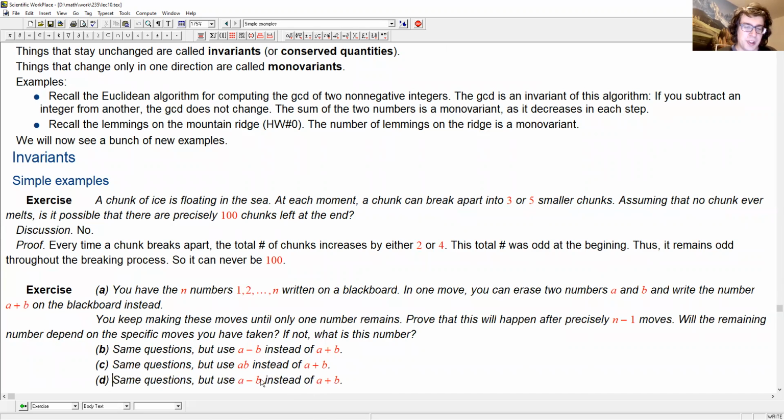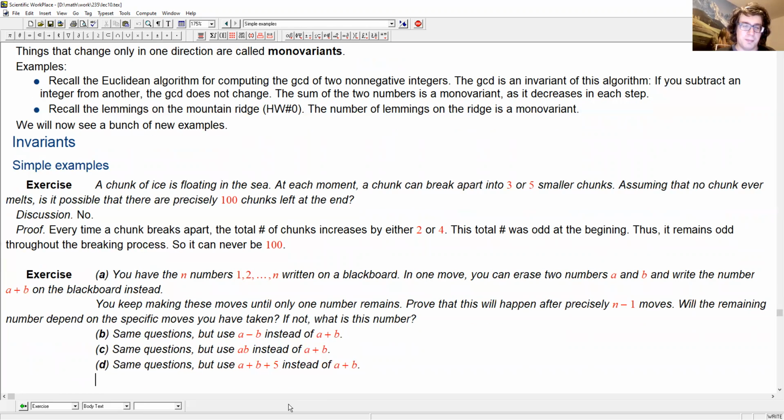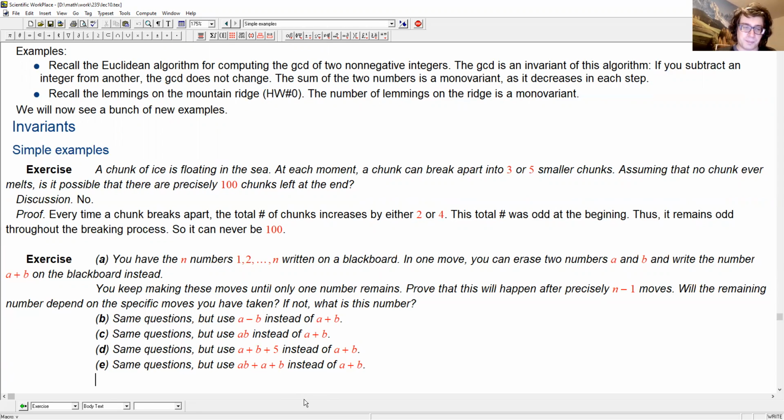Part D, use a plus b plus 5 instead of the sum. Part E, use ab plus a plus b instead of the sum. Basically, you can write any expression with a and b in there, and you can play around with it. It's kind of fun. Just one more: a square plus b square.